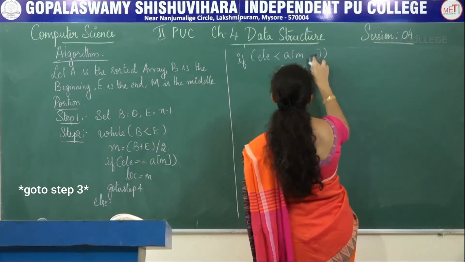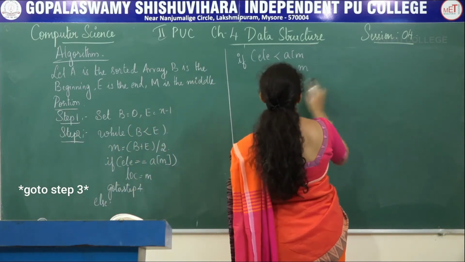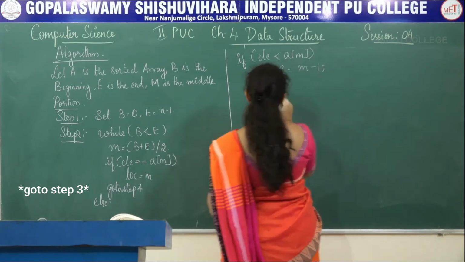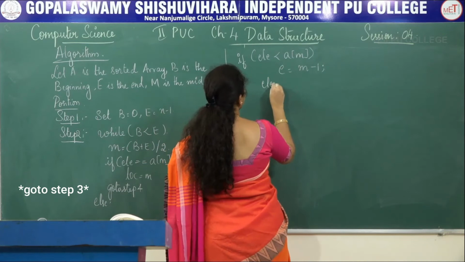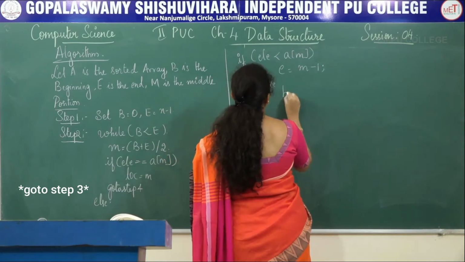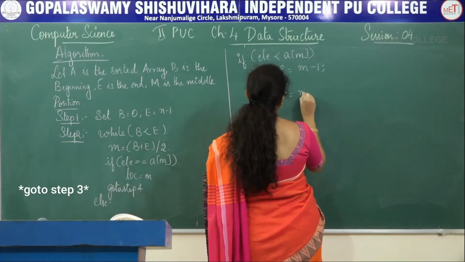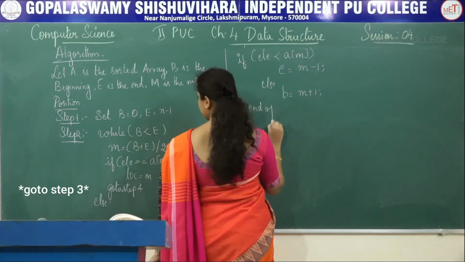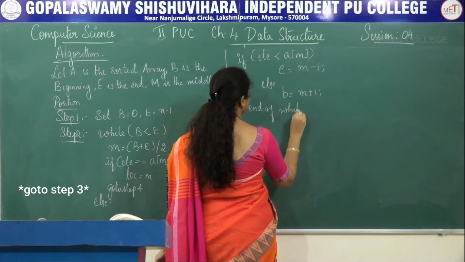Here M represents the mid position. End is equal to M minus 1, else beginning is equal to M plus 1. End of while.